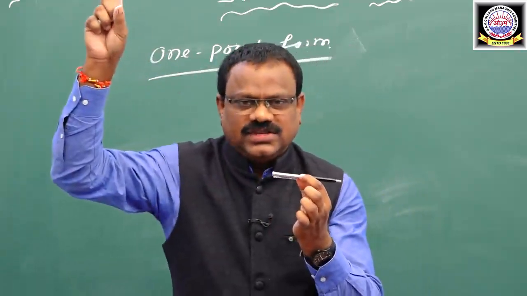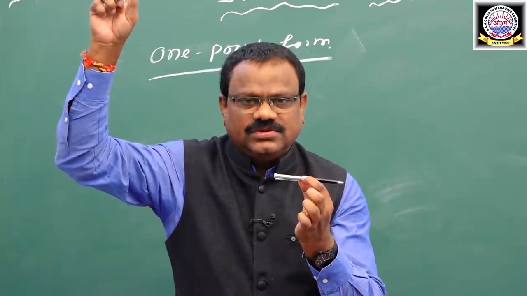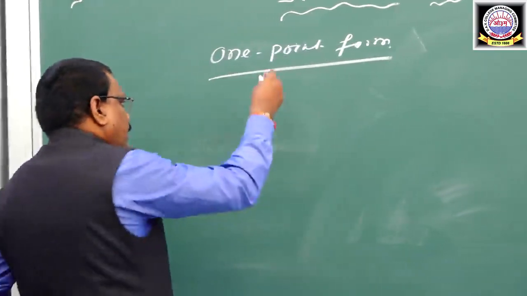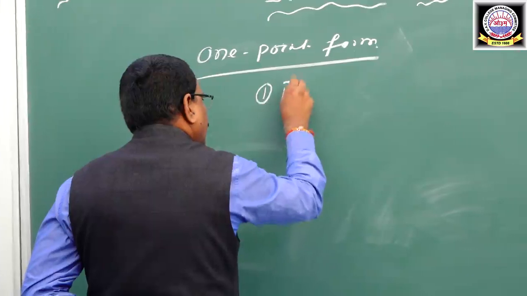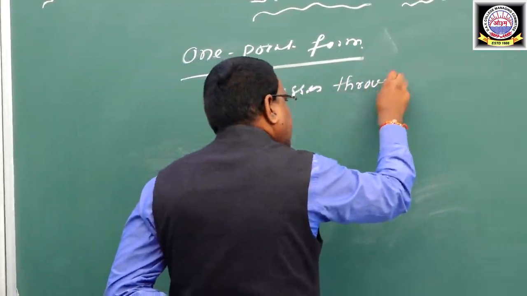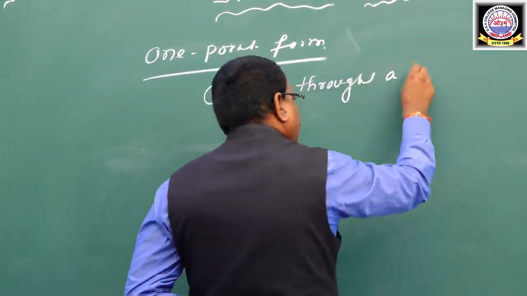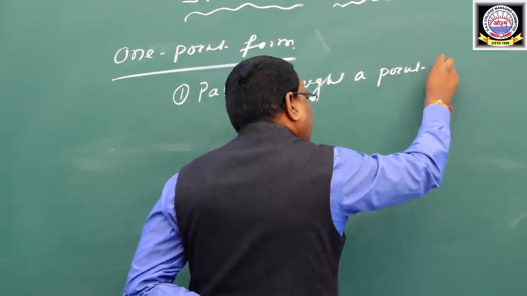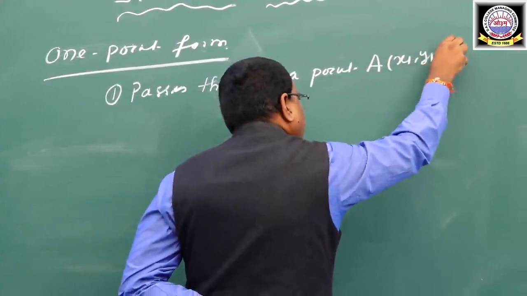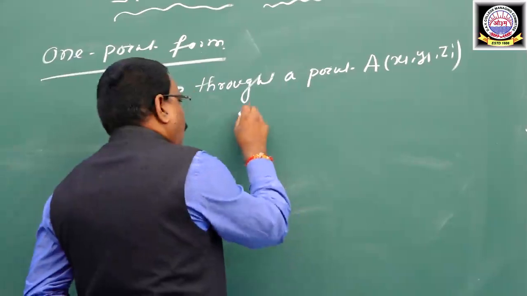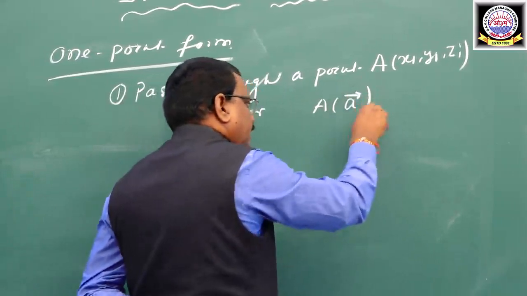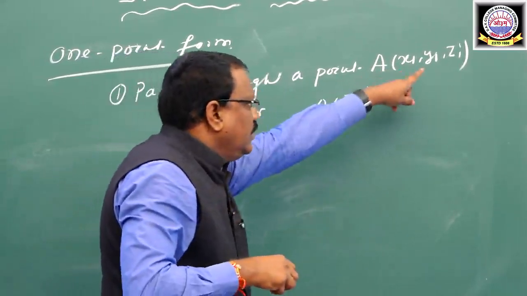Again, the concept of the direction cosine, or the concept of the direction ratio. So my dear students, the one point form is telling us the first requirement: the line passes through a point A with the coordinate x1, y1, z1, or a point with position vector A vector, where A vector is equal to x1, y1, z1.